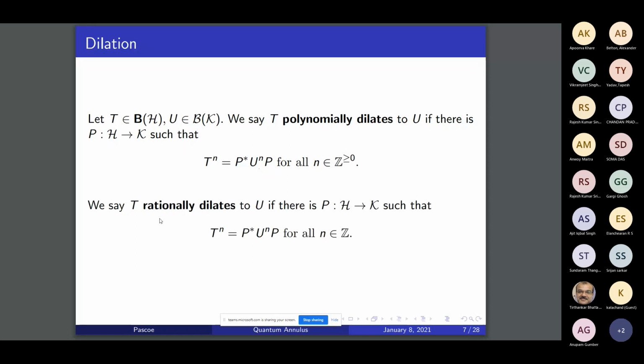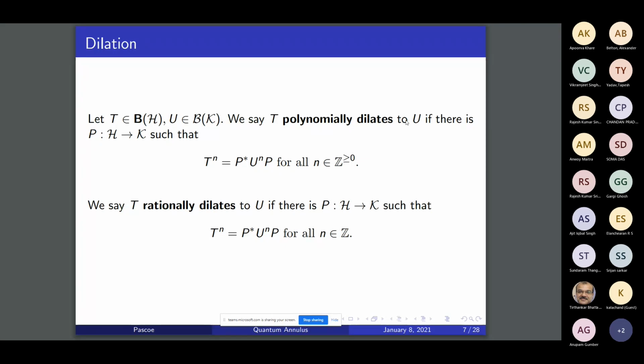And then we'll say that T rationally dilates to U if you have a similar situation, but instead T to the N is a compression of U to the N for all N in the integers. So we wouldn't want to just include the non-negative ones; this is whenever we can include all integers.